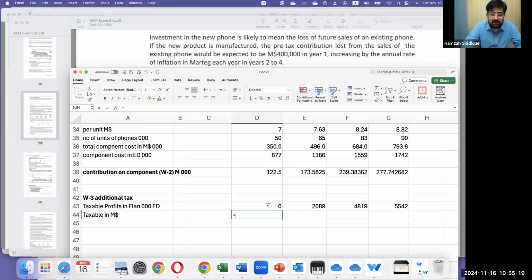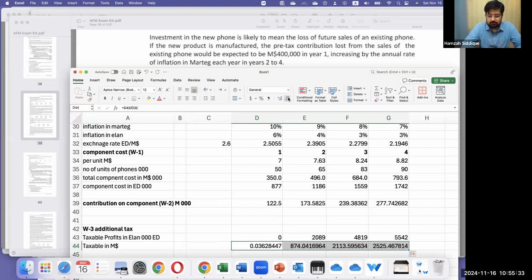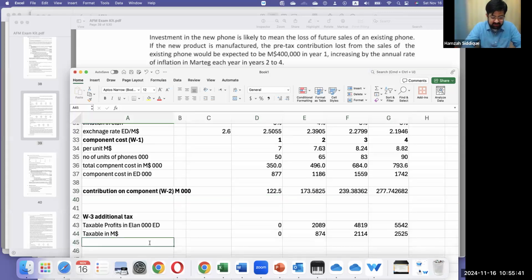Now this will be converted at this exchange rate. This divided by exchange rate. The same amount taxable in our party, now 10% additional tax.